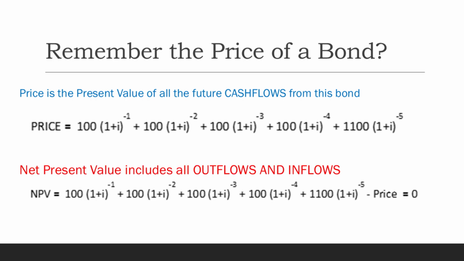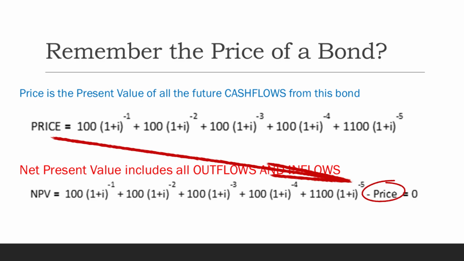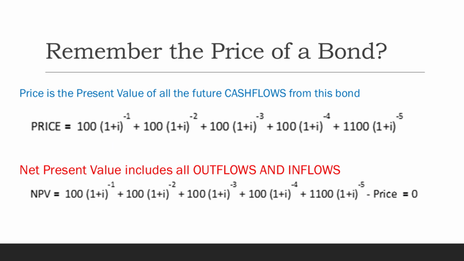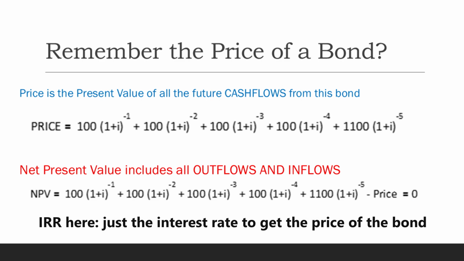However, this time we are searching for the interest rate for discounting given all positive and negative cash flows. The negative cash flow being the price you pay for the bond. So here we just put price at the right side of the equation, then look for I that will make NPV equal to zero, like so. In this case, the IRR is actually just the interest rate for discounting the bond to arrive at the price.